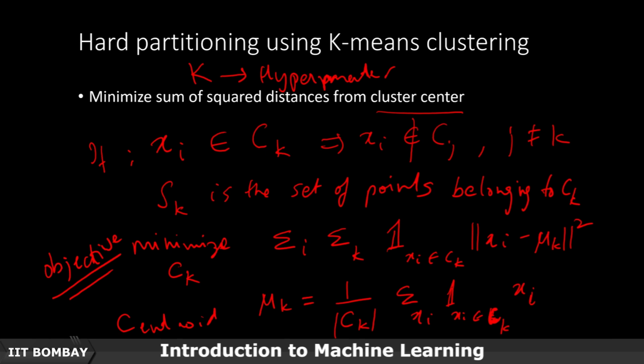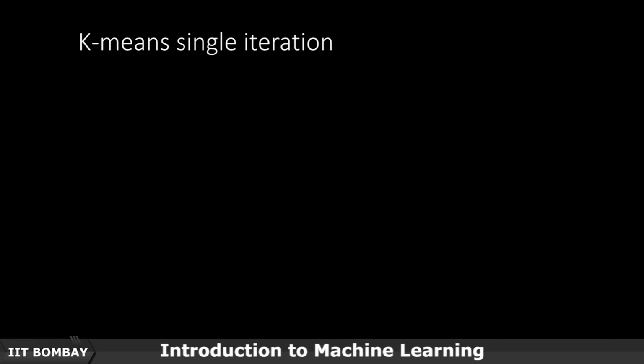So let's look at it in a more visual way, and that will help us define how we are trying to meet this objective. Let's say you have a bunch of samples that are given. So we have some samples that are closer to each other here, and then we have another set of samples that are closer to each other here. So how will we find these cluster centers that minimize the sum of squared distances from their own points?